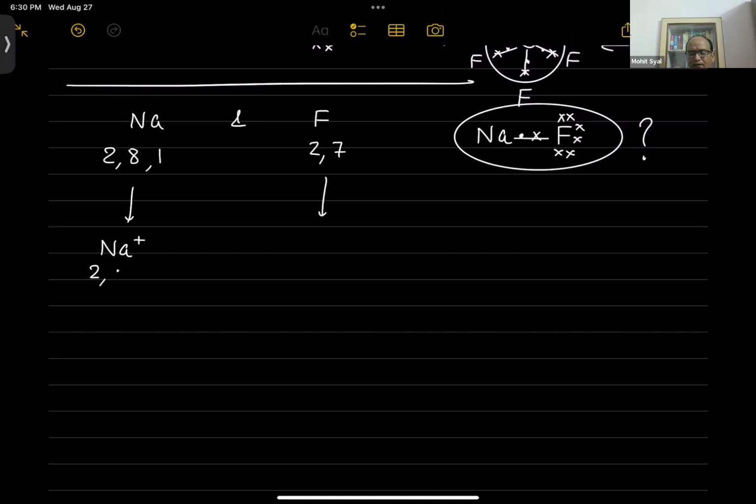It will have that 8 electron shell. And where will that electron go? That electron will be taken up by the fluorine. It will become F-, with 2 and 8.